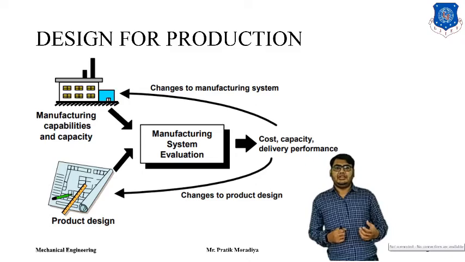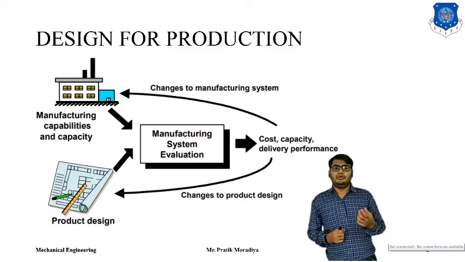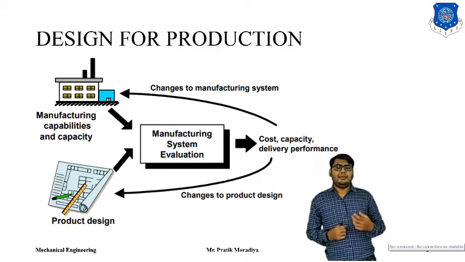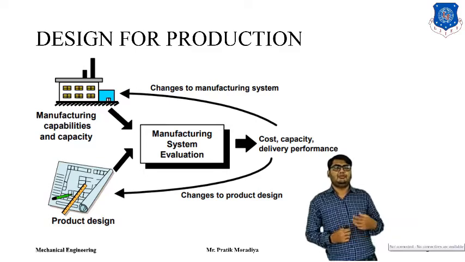So capacity is the ability to produce the desired volume, while capability is the ability to produce the desired functionality or desired specifications.